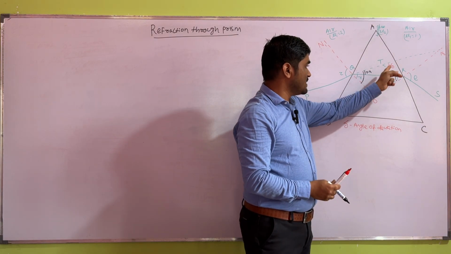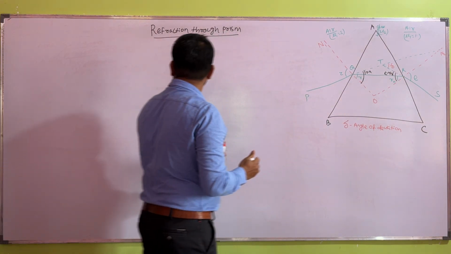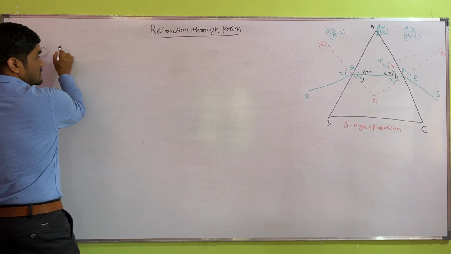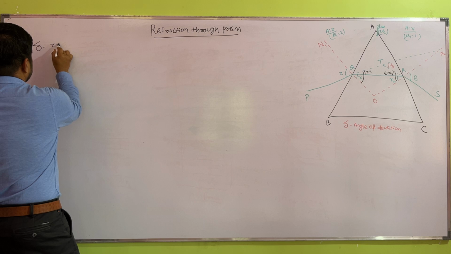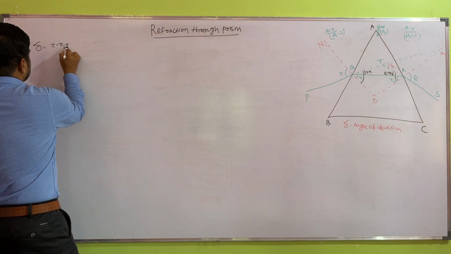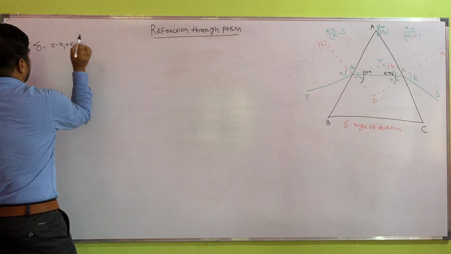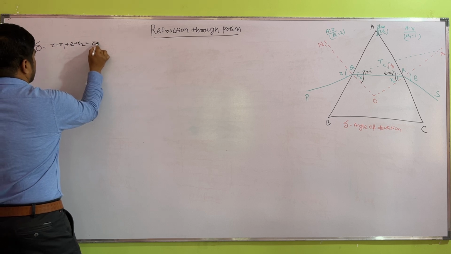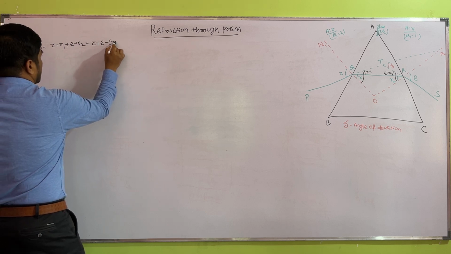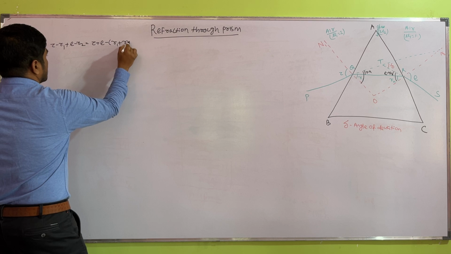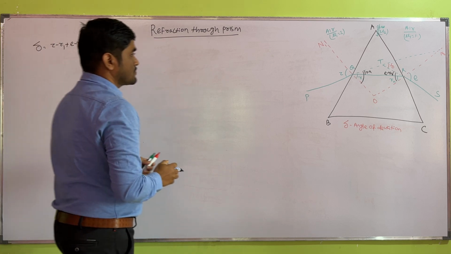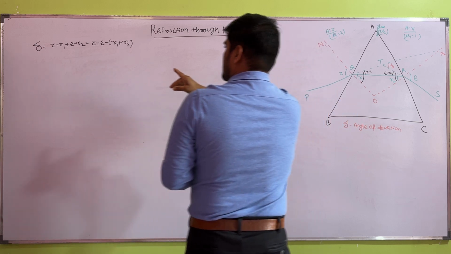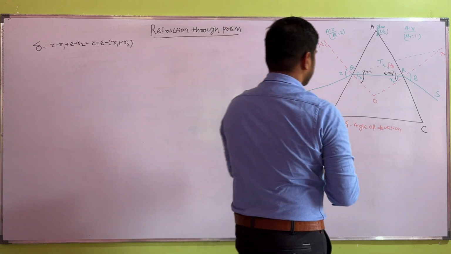That means you can write delta equals I minus R1 plus E minus R2. Clear? So that will be equal to I plus E minus (R1 plus R2). This is the value of the angle of deviation.